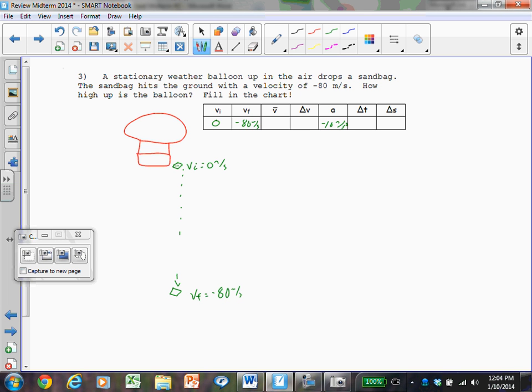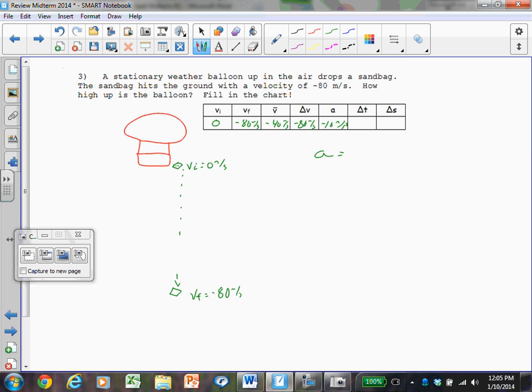Yes. Well, let's see if it is. So average speed here would be what? Minus 40. Delta V, or average velocity really. Delta V would be this minus that, or minus 80.